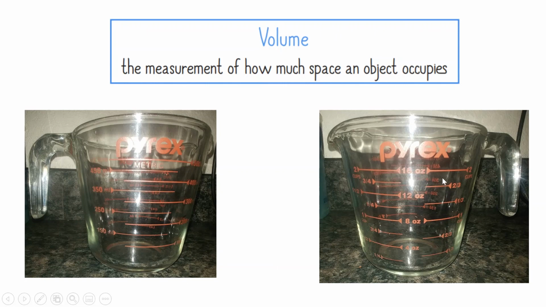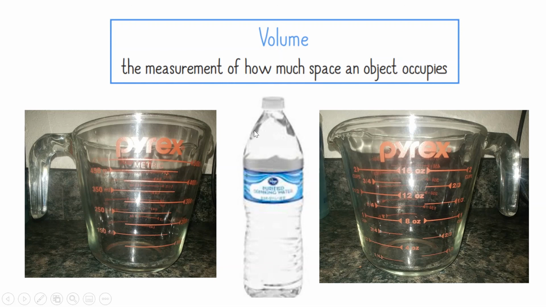And this is in ounces or cups. This is the US system that we're using. I'm not sure what it specifically is called, but this is what we're using in the United States. Sometimes it gets confusing, but that's why the whole world besides the United States uses the metric system, and scientists use the metric system.